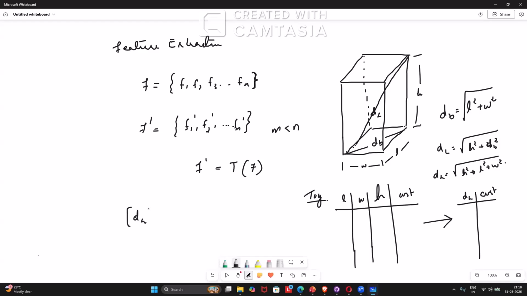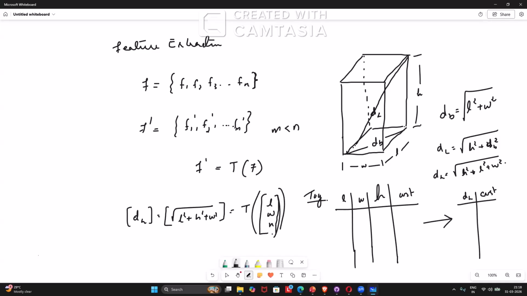DL, which is equal to root of L square plus H square plus W square, is actually a transformation we applied on the feature set L, W, H. Is that clear?